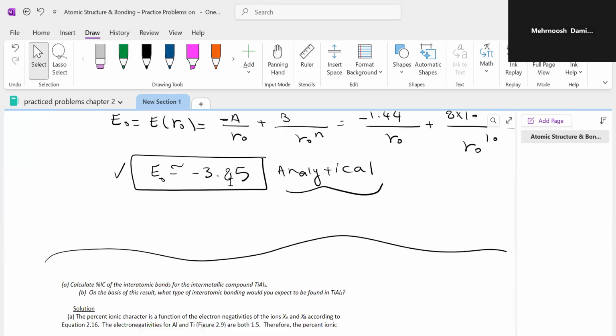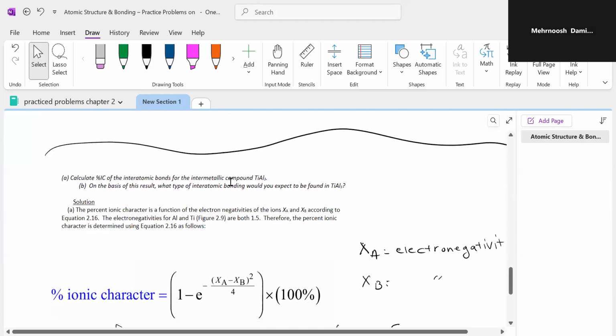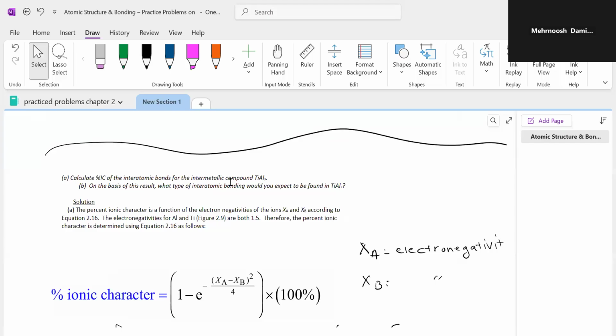The next problem is the IC. If you remember, IC was the abbreviation for ionic character percentage. So calculate the IC percentage of the interatomic bonds for the intermetallic compound TiAl3.